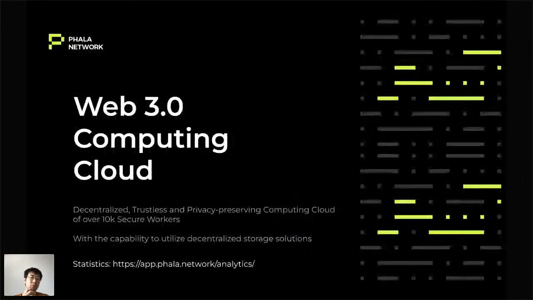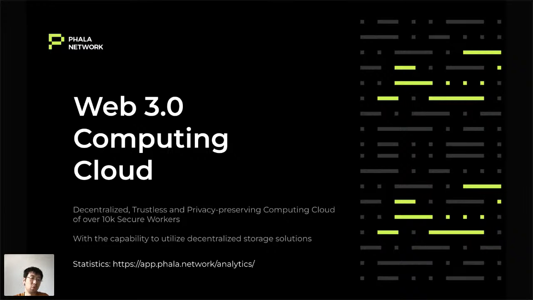First, what is Phala Network? I'll say Phala Network is the underlying infrastructure for you to execute your contract. It itself is going to be a Web3 computing cloud, compared with existing blockchains like Ethereum.